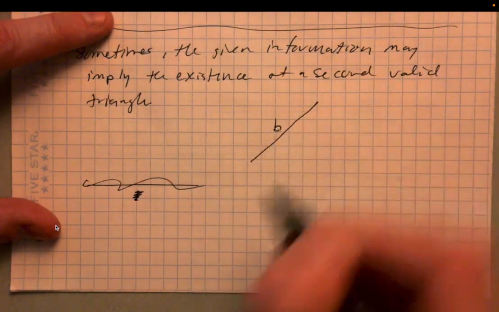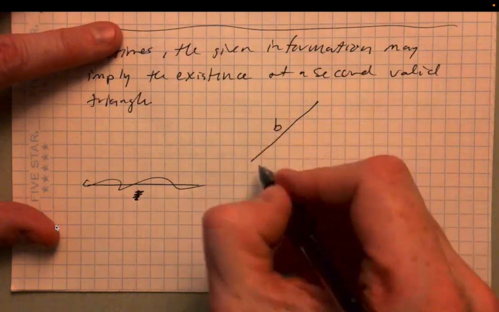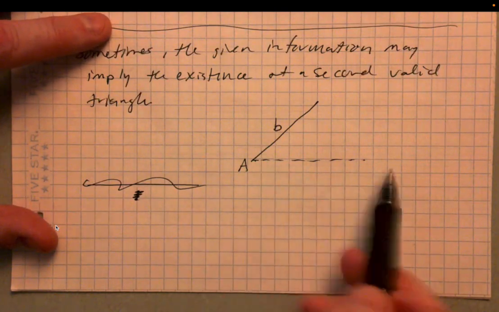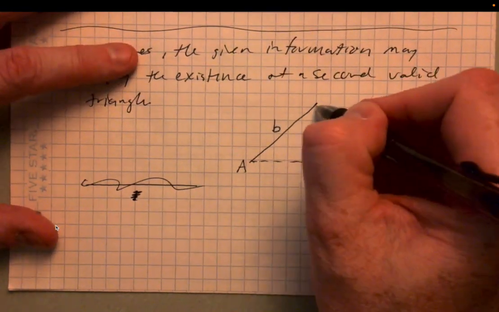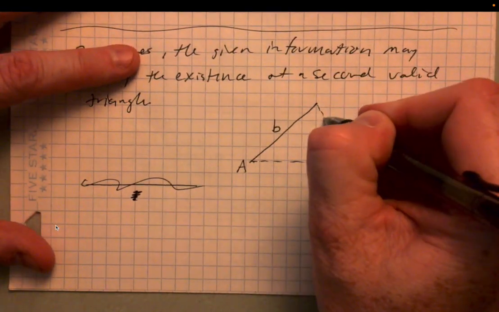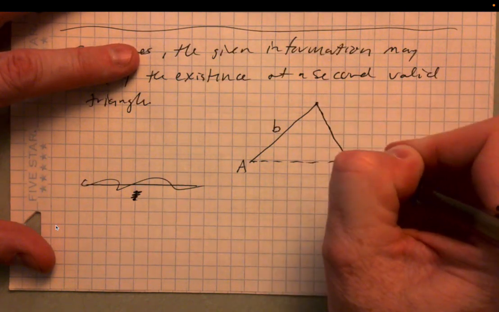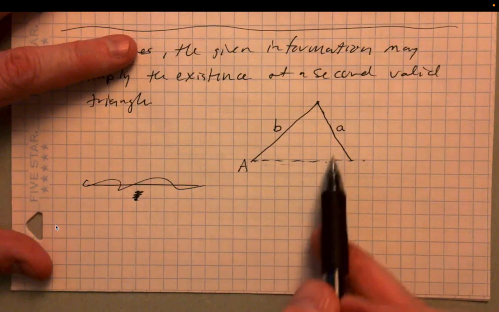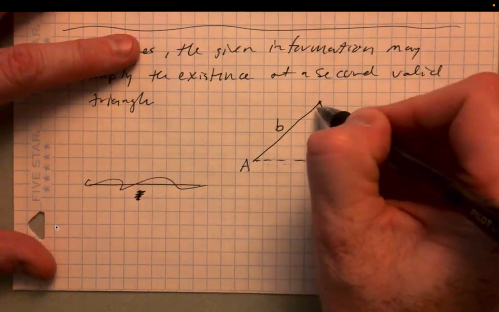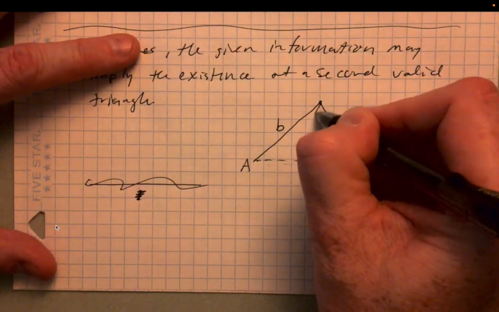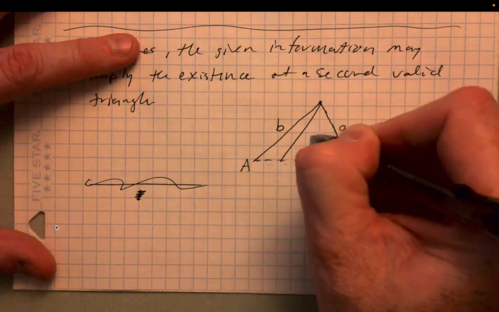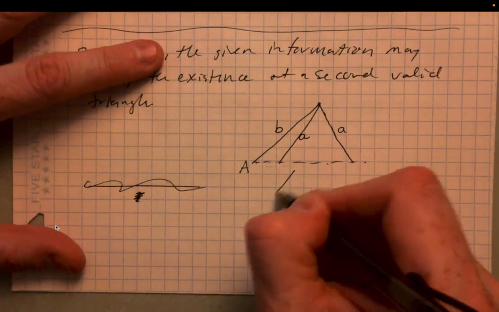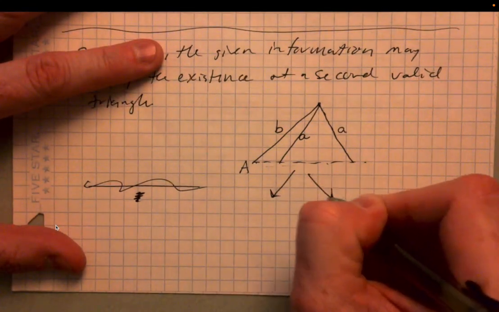I'm given side B. Okay, and I know angle A. I don't know the length of this side C, but I'm told the length of side A, which is this guy. But if I don't know what this side is, and I don't know what these other two angles are, it may be possible that A could look like that or like this. Right, so in this scenario, there are two possible triangles.